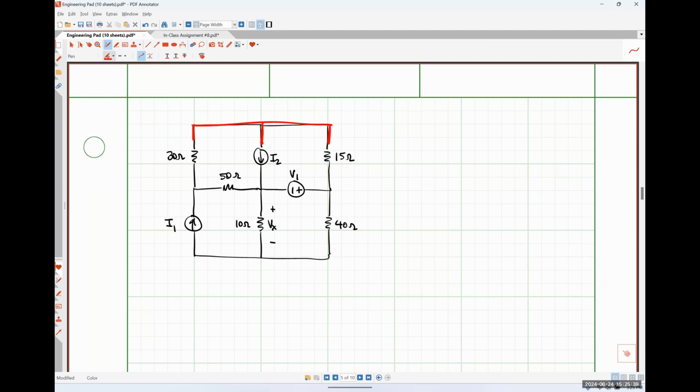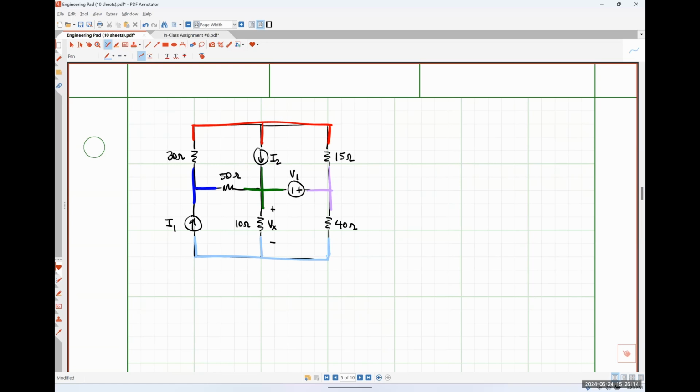So 1, 2, 3, 4, 5. Okay, so I know that this problem is technically from the nodal analysis homework set. I just wanted to see which is going to give us the quicker result. So there are 5 nodes because one of them is going to be ground.